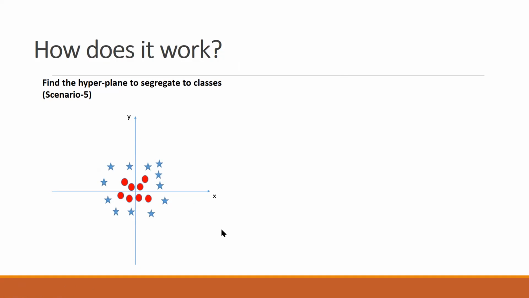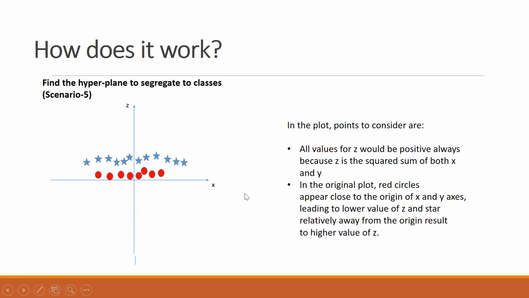It solves this problem by introducing an additional feature. We will just have to add a new feature, C equals X squared plus Y squared. Now let's plot data points on axes X and C.